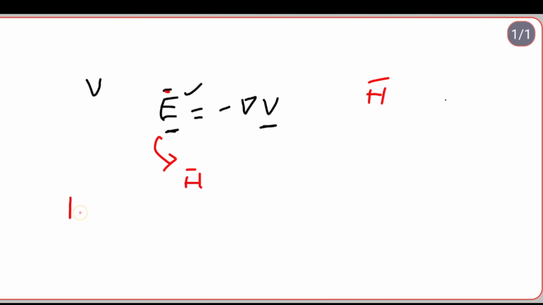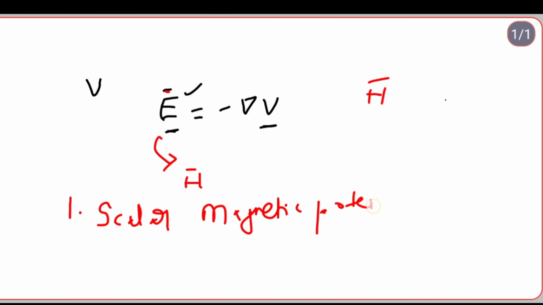In case of magnetic fields, there are two types of potentials which can be defined: one is scalar magnetic potential, and another one is vector magnetic potential. These are the two concepts.